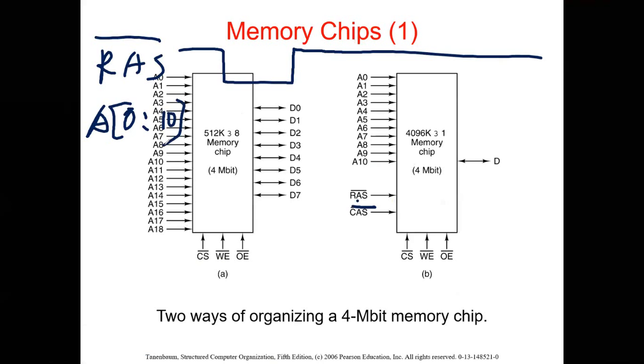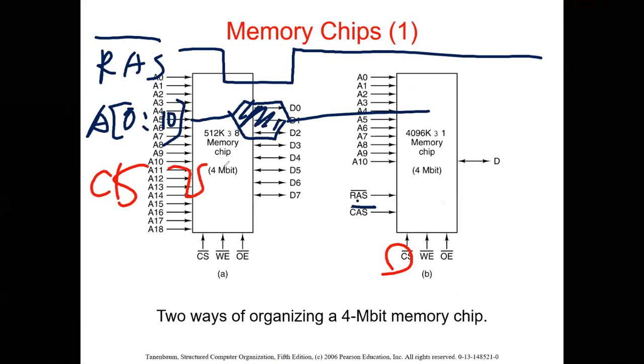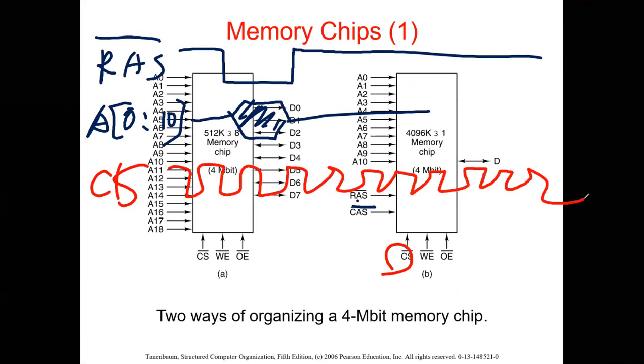My address pins must be ready during this period of time, so some data are there. And then my clock strobe will be something like this. Keep strobing. I cannot exactly show the clock clearly, but keep strobing.